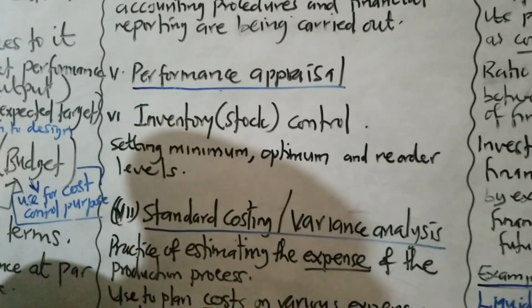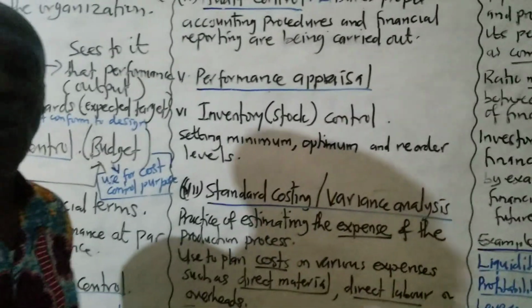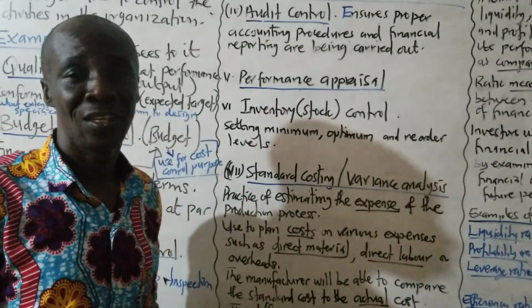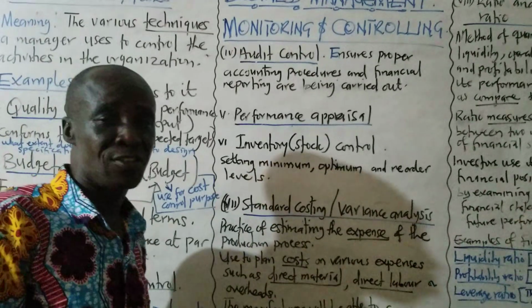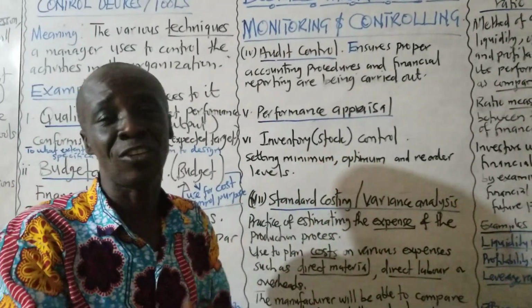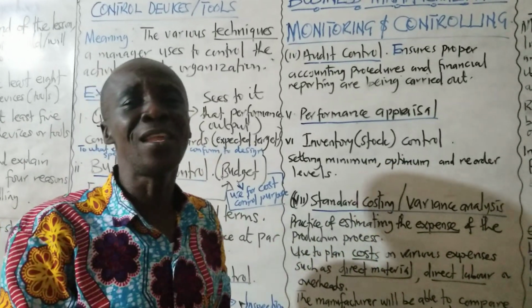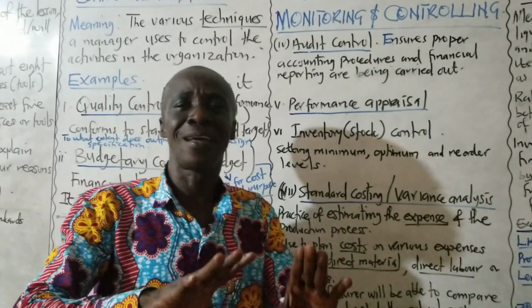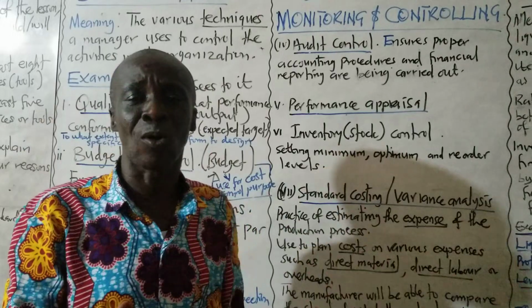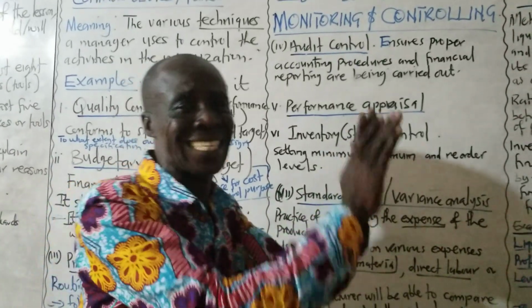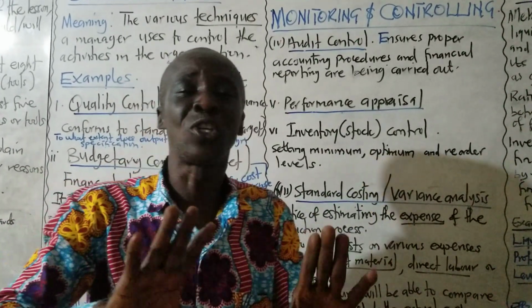What does that mean? Okay, now you are in an organization, you buy raw materials, they use the raw materials to manufacture goods. Okay, how many bags or boxes of raw materials should you have at a time? That you shouldn't exceed that.